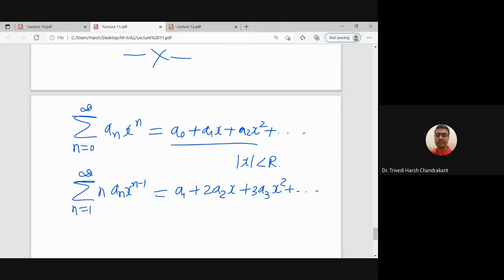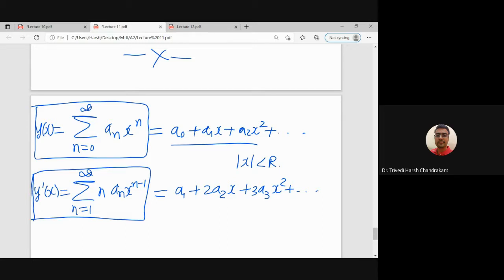Right. So whenever the given series is in this notation, we want to find its derivative. So we shall assume that the given differential equation has solution y(x). Right. If y(x) is this, then what will be the derivative of y(x)?